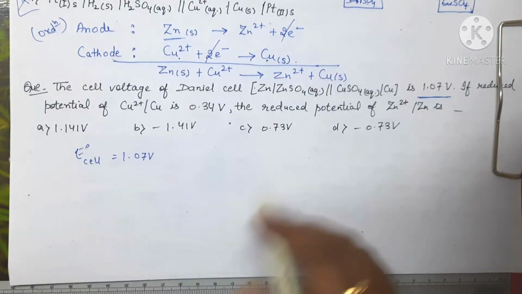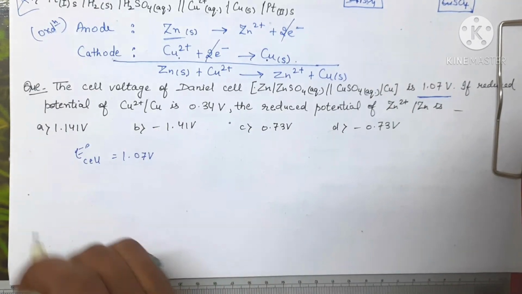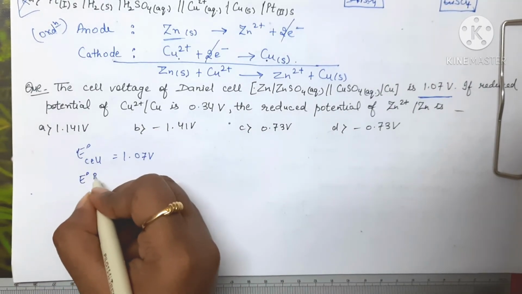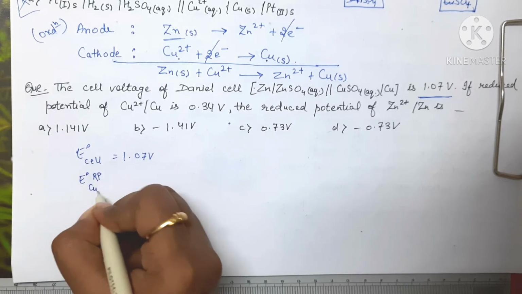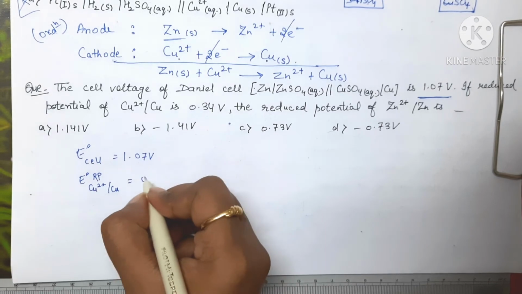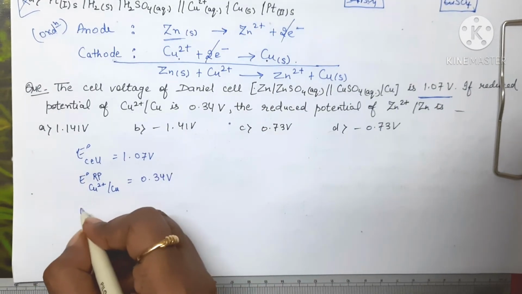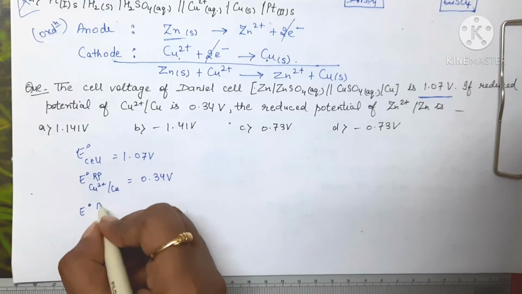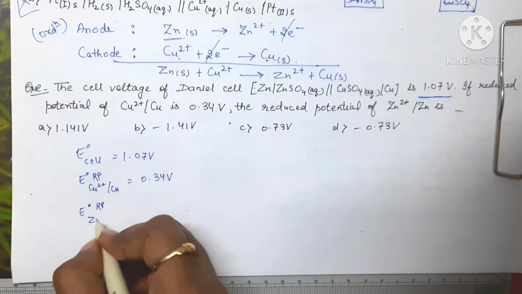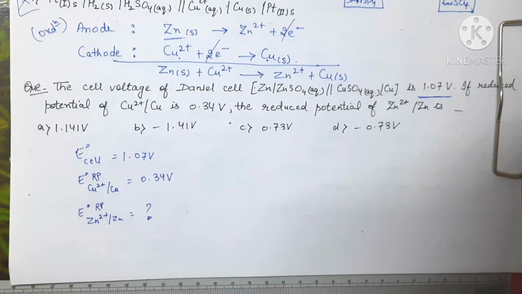Now they have given the reduction potential of Cu2+ to Cu equals 0.34 volt. So we have to find out the reduction potential for Zn2+ to Zn.